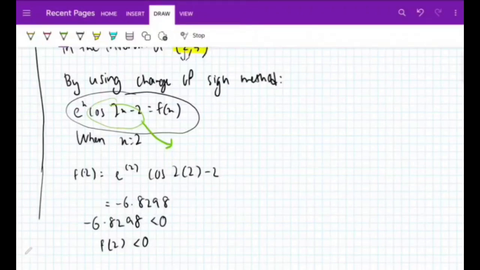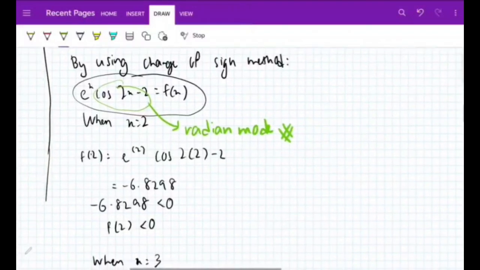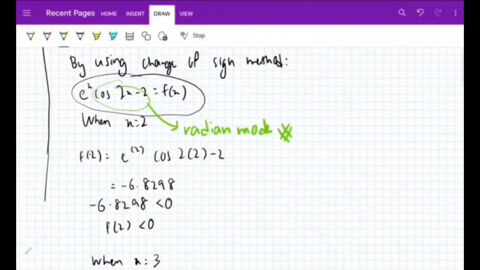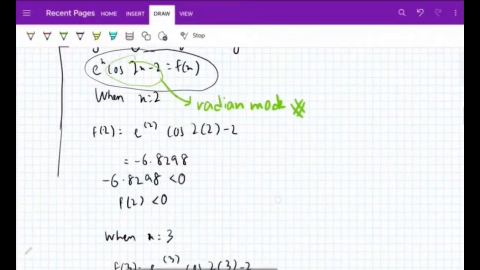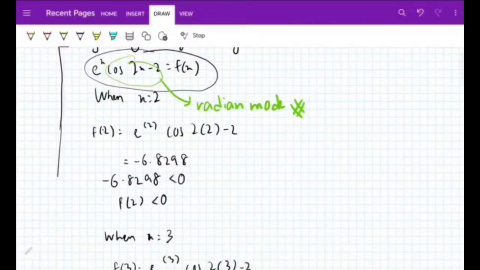So we should always keep in mind that when substituting the value into the calculator, we should always make sure it's in radian mode. Then we substitute the value 2 into x, put it into the calculator, and we get f(2) equals negative 6.8298, which is a negative value.